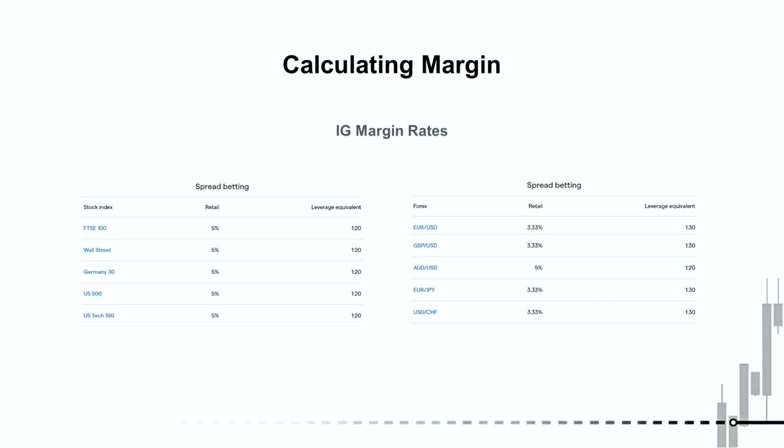As we go to more exotic markets, less widely traded markets, that leverage drops and that margin percentage requirement goes up. So in effect, you can place more trades on those larger markets due to margin than you could on smaller markets. And this is really where margin comes into play as being a very useful tool for retail traders.